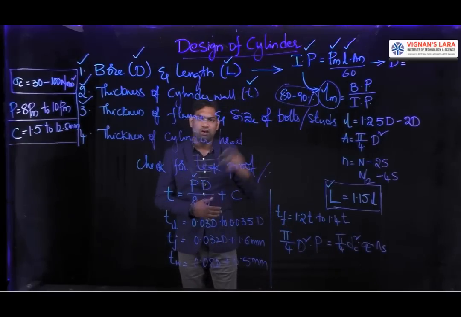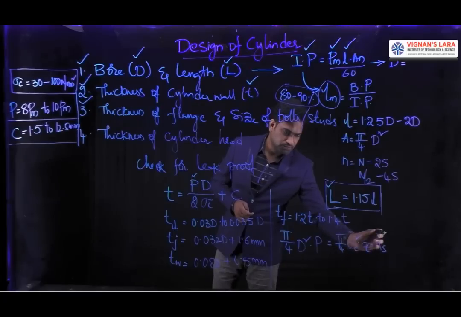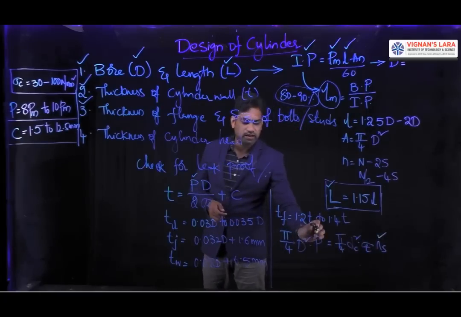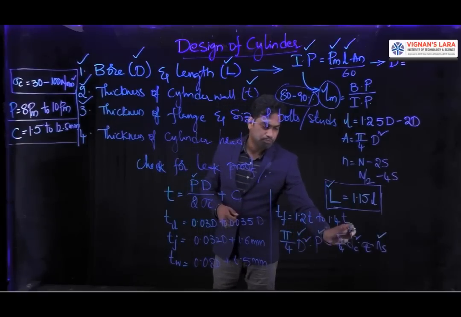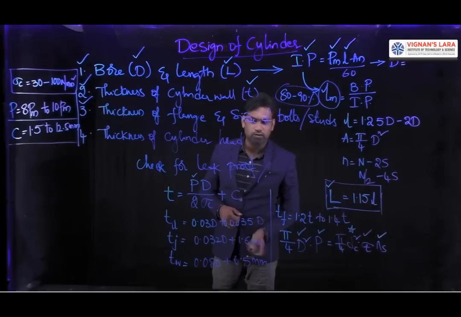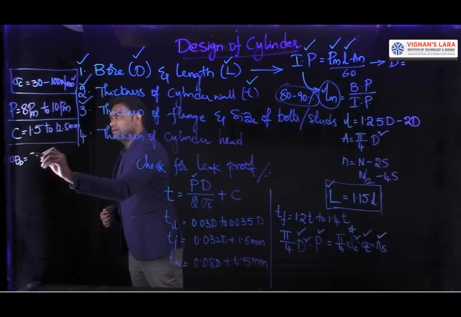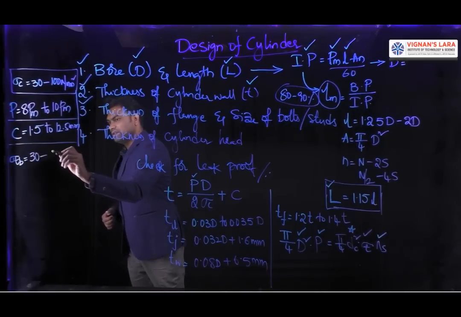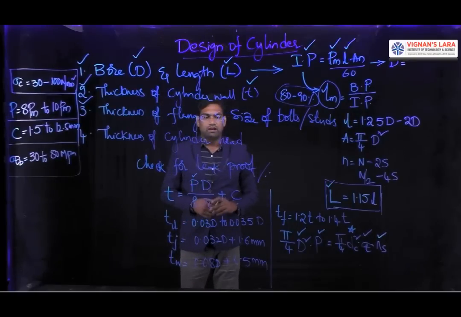Here pi by 4 dc square into sigma t is the tensile strength of a single bolt. We need to consider all the bolts used to assemble the head and block, so we take the number of bolts or studs as ns. The diameter is already calculated and the maximum gas pressure is already known, dc is to be calculated, and sigma t depends upon the material. Here sigma t or sigma tb, the tensile strength of the bolt material, can be taken as 30 to 80 megapascal, or 30 to 100 megapascal in some cases, based upon the type of material of the bolts.